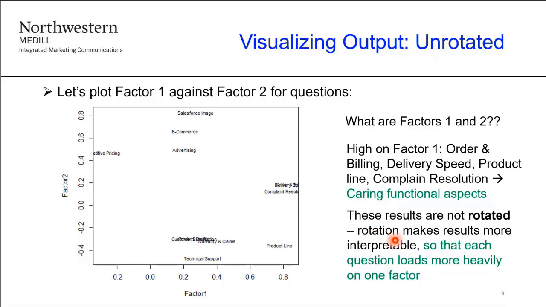The rotation makes the result more interpretable, so each question loads more heavily on one factor, and the patterns are going to be clearer with this rotation method.